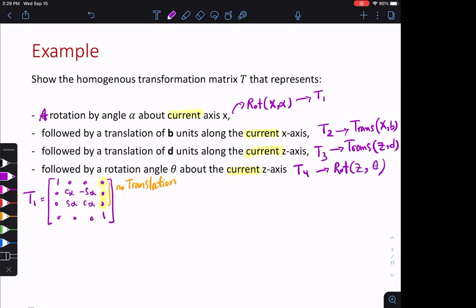So all you have to do, go grab those pure transformations and plug these in and then write them. I'm just writing the T total.